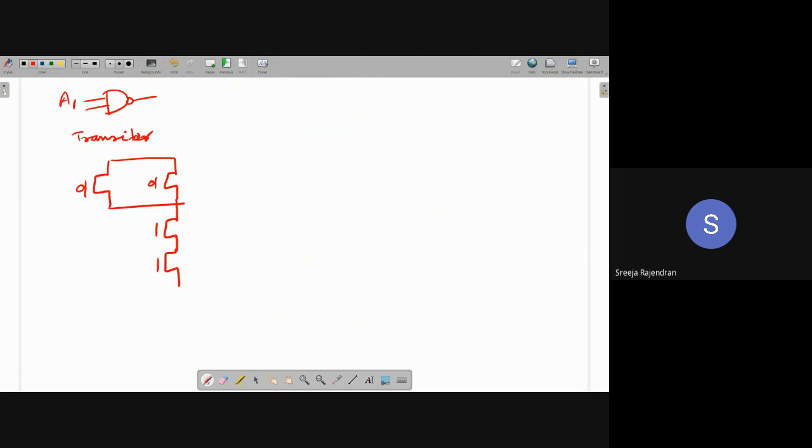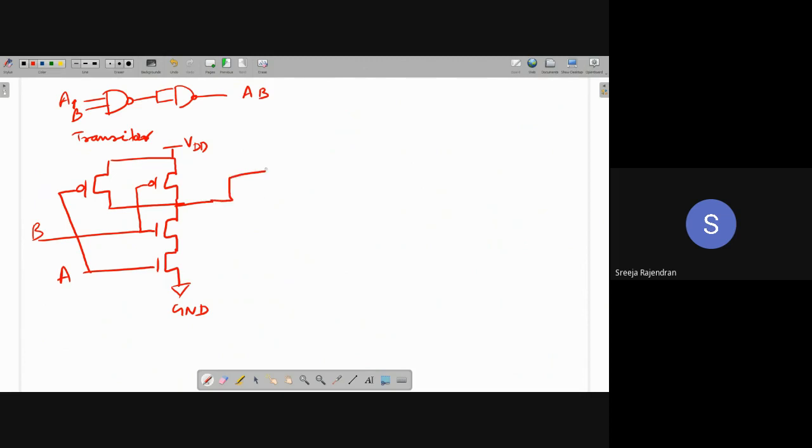This is A, this is B, this is the power supply, this is the ground, and this is the output. If I want to get AND from this, I need to invert it. After the NAND, I need to put one more gate, an inverter, to get A and B. For this, we have characteristics specifying the transistor, like width and length, and that gets more complicated and we don't have time to go into all that. Depending on that, the propagation delay values are computed.